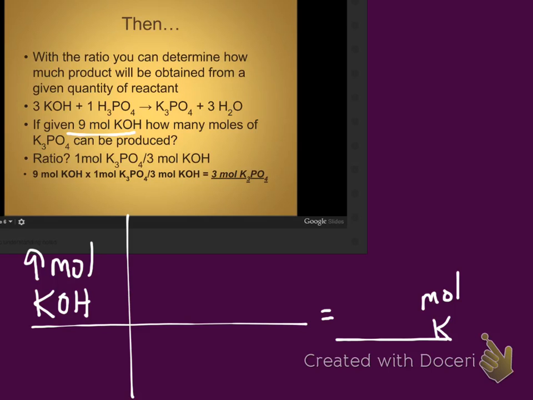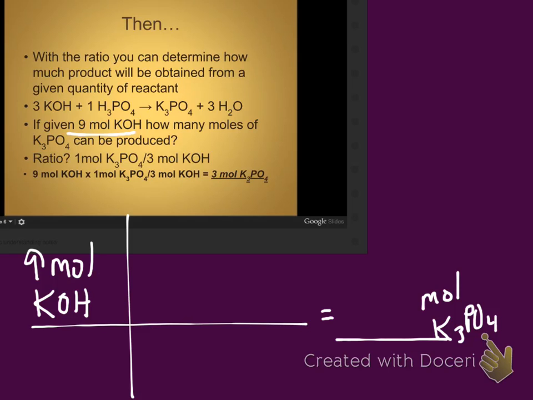Moles of potassium phosphate. So again, just like every factor label we've ever done, what has to go in the next section down below? Well, it's the same units and chemical to cancel. So we're looking for things to cancel on that diagonal in the next box.